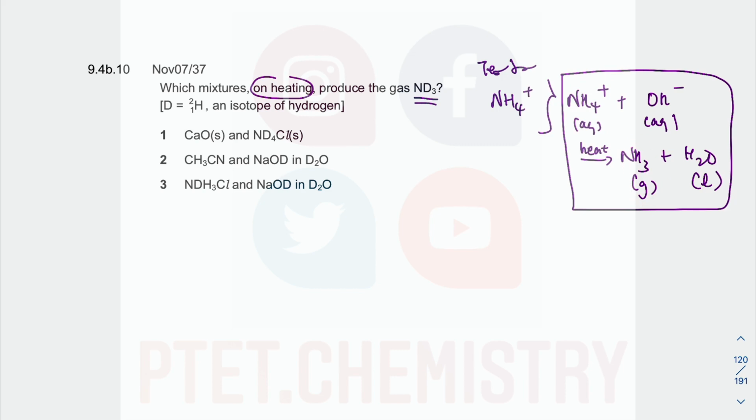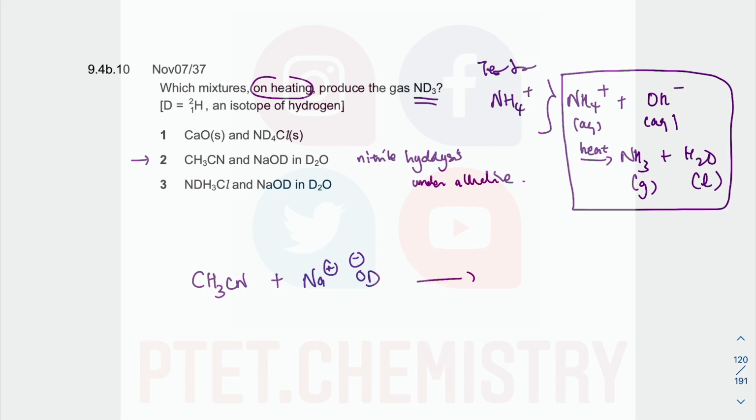When we have option 2, what we have is a nitrile hydrolysis. We have a nitrile hydrolysis under alkaline condition. All right, so when we have nitrile hydrolysis, so CH3CN plus Na+ OD-, okay, and you do this in D2O, and of course you need to reflux it for your hydrolysis of nitriles.